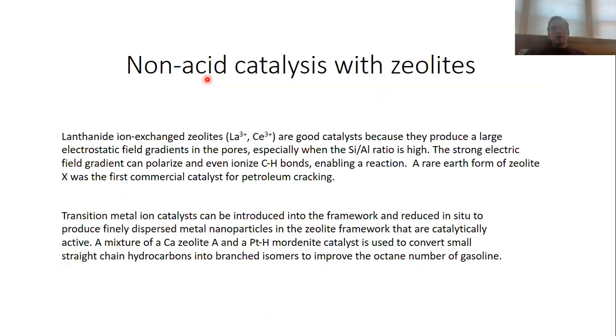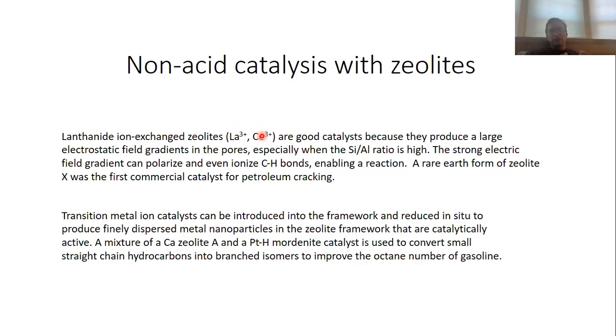All right, so finally, we can also do non-acid catalysis with zeolites. Not only protons can perform catalysis, also other metal cations. For instance, lanthanide ion exchanged zeolites are good catalysts because they produce a very large electrostatic field gradient in the pores. That is because of the high charge of these cations.